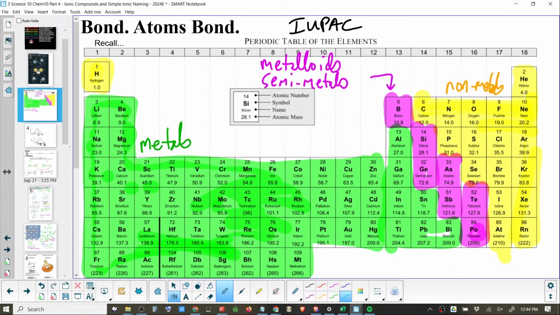How many valence electrons are in this column? 1. So if we were to take that away, what would be the charge of the whole column? +1. Electrons are negative, so once you take away its valence electrons, this entire column becomes +1. What about this column? How many valence electrons are in here? 2. Take them away, what's this charge? +2.